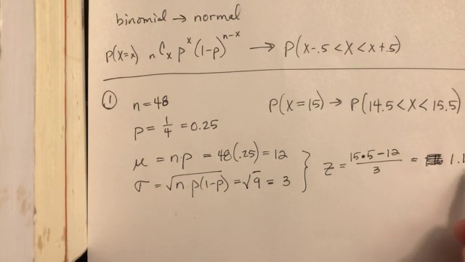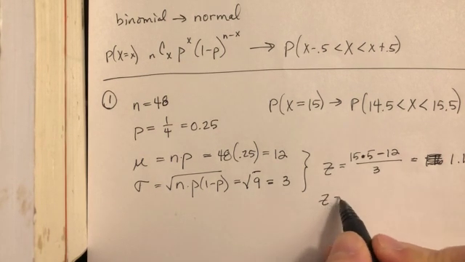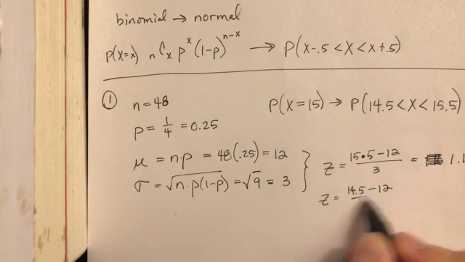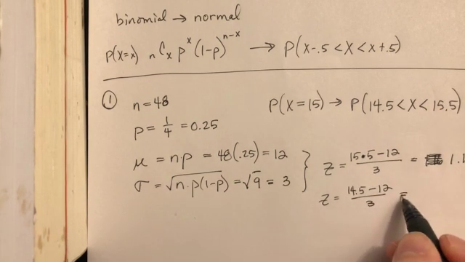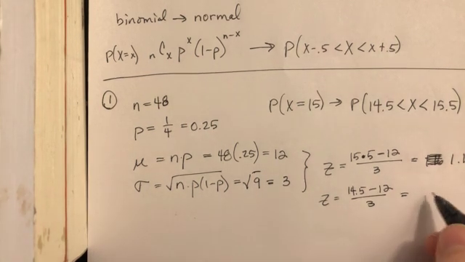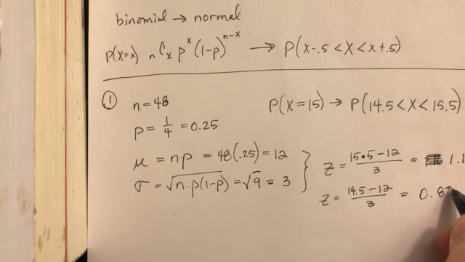For z-scores, you want 2 decimal places. The other one is 14.5 minus 12, all over 3. So 14.5 minus 12, divided by 3, is 0.83333333, which rounds to 0.83.